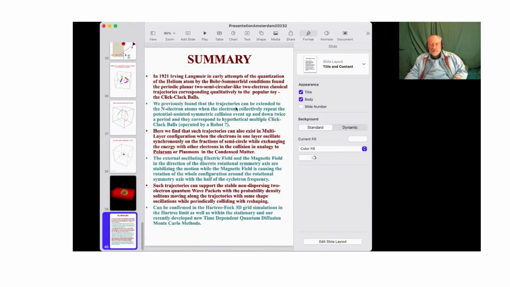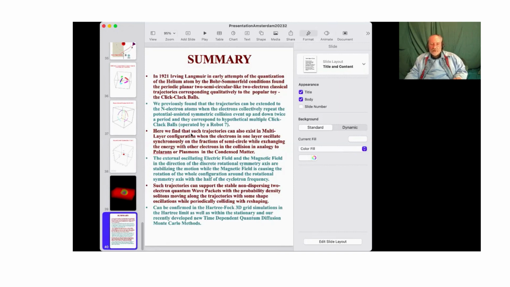We previously found that the trajectories can be extended to N-electron atoms when the electrons collectively repeat the potential-assisted symmetric collision event up and down twice a period, and they correspond to the hypothetical multiple Click-Clack balls operated by a robot, presumably a human cannot, or a very trained human can.